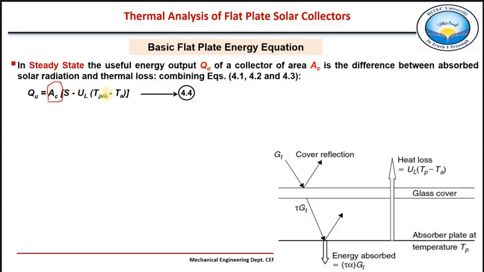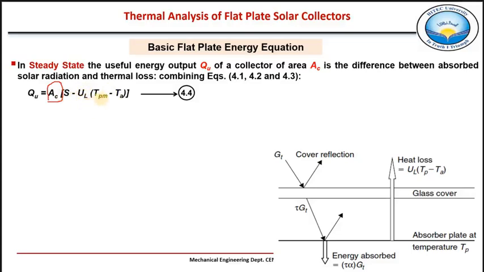So now this equation is the basic energy balance of flat plate thermal solar collector, and so far we are discussing liquid flat plate solar collector. Okay, so now to solve this equation, there are still some unknowns which need to be calculated. We know how to calculate S already, but now this term is still to be calculated properly.